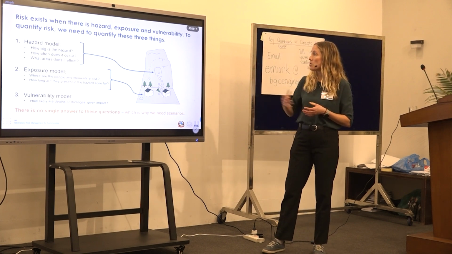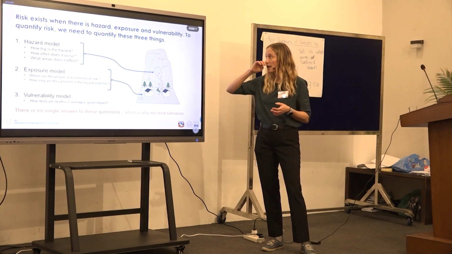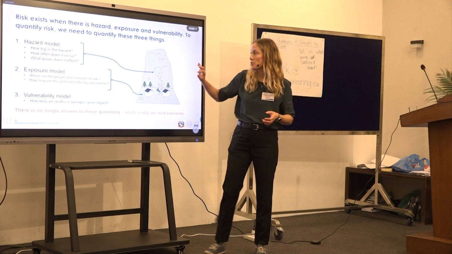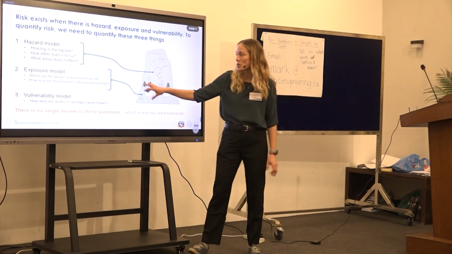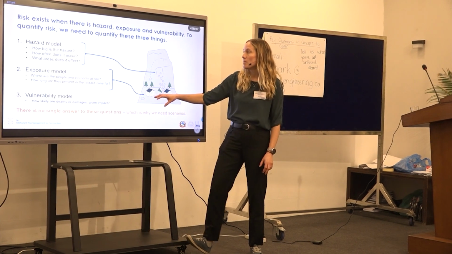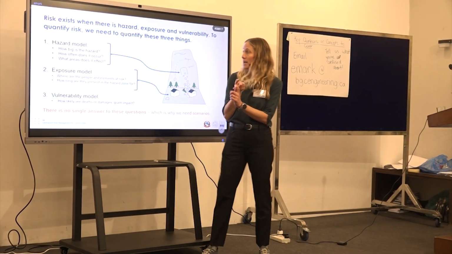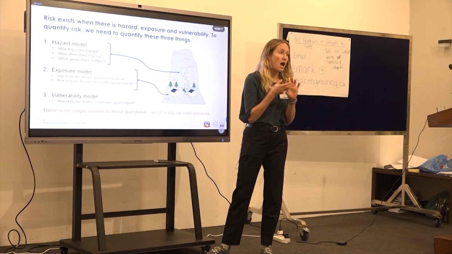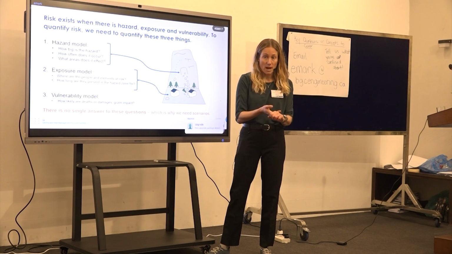And so in order to quantify the risk, we need to quantify a few different things. We need to understand the hazard, same things you're used to now: hazard, exposure, and vulnerability. And there's a few sub-questions. We need to know how big is the hazard, how often does it occur, what areas does it affect.